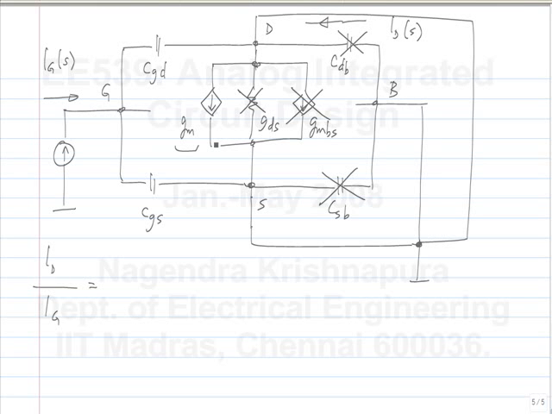Okay, GM times VGS. And what is VGS? So the gate current IG flows into CGS and CGD, which are in parallel. Okay. The VGS is IG by S times (CGS plus CGD). This is VGS times GM. Okay, that's it. So that's all.